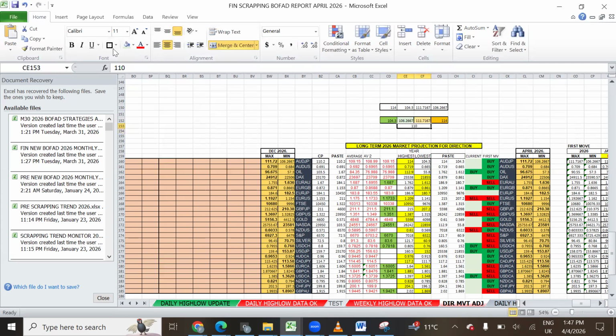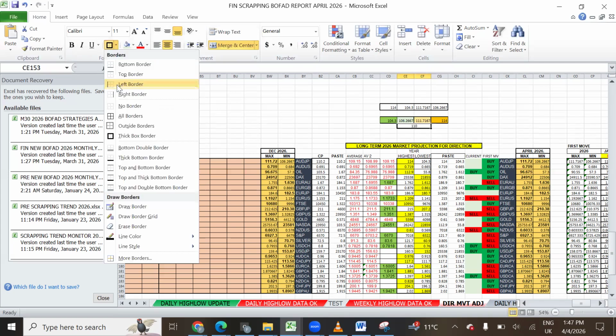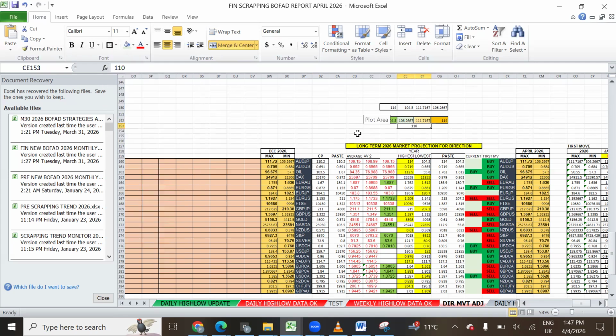So because of that, you can see here, 106 becomes our sell and 111.7 becomes our buy. Okay, that is based on the current position.